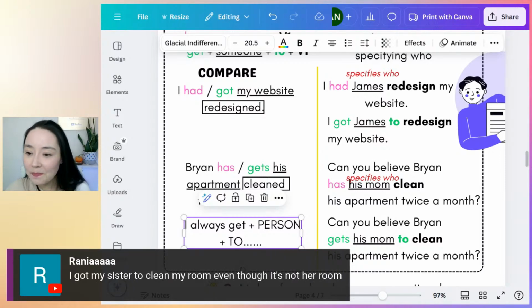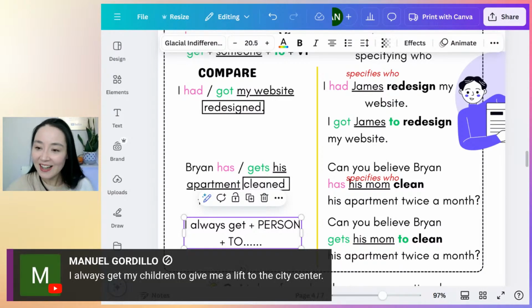Lithuania, I got my sister to clean my room, even though it's not her room. Very good. That's right. If you don't want to do it, get someone else to do it. Good example. Manuel says, I always get my children to give me a lift to the city center. Yeah, really good. Yes.